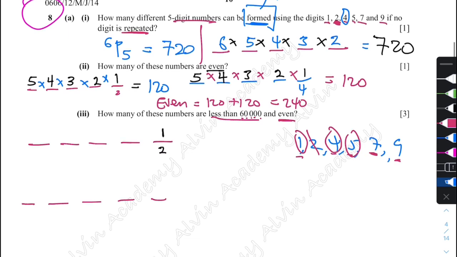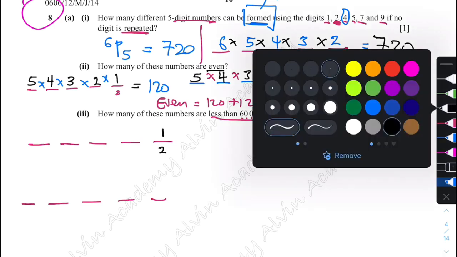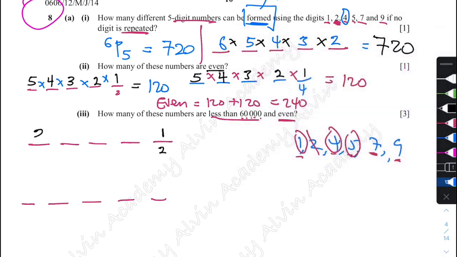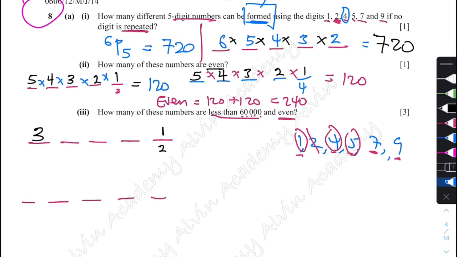So we just put any of those 3, that's 1, 4, 5, right here. You have 6 digits, and you have selected 2 to fill this slot and this slot. So now any of the remaining 4 can fill this slot, any of the remaining 3, any of the remaining 2, and then you multiply them out.